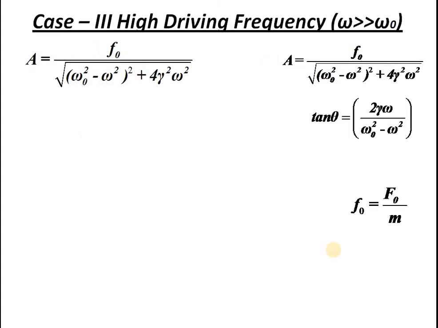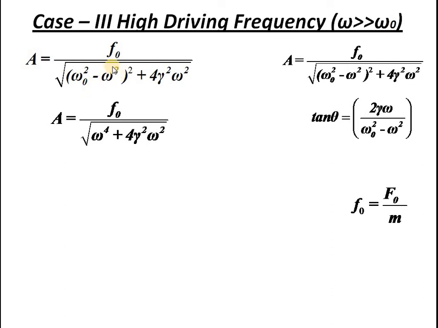Now let us move on to the third special case, when the applied frequency is much greater than the natural frequency. So in that case, what will happen to the amplitude? See here. Now omega is much greater than omega 0. That means this becomes omega raised to 4, and omega 0 square is negligibly small, so it disappears.